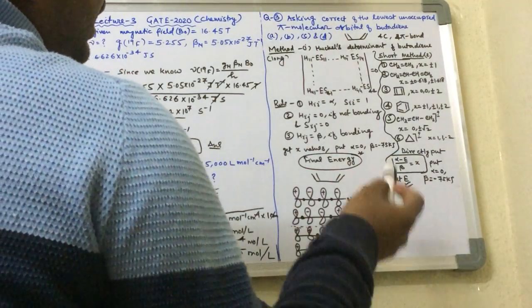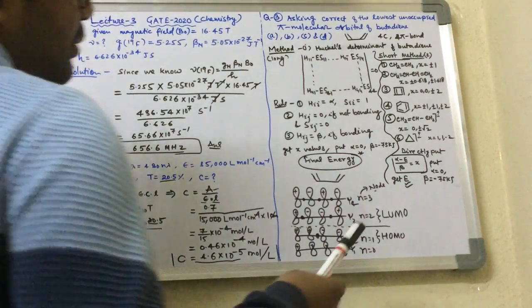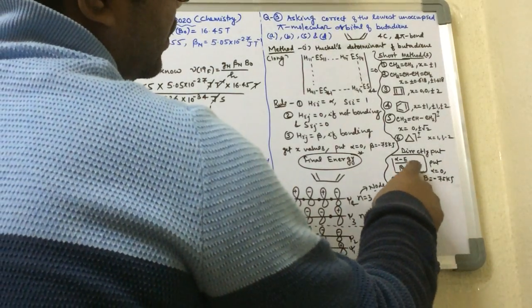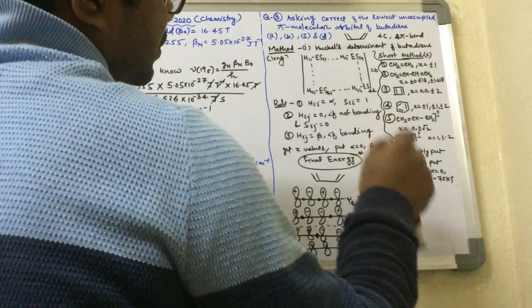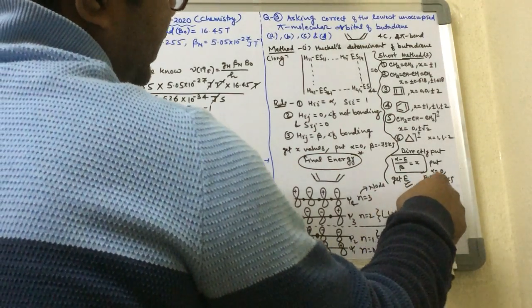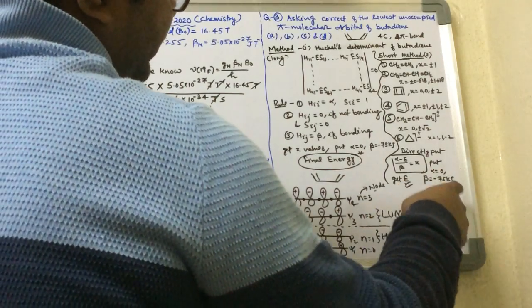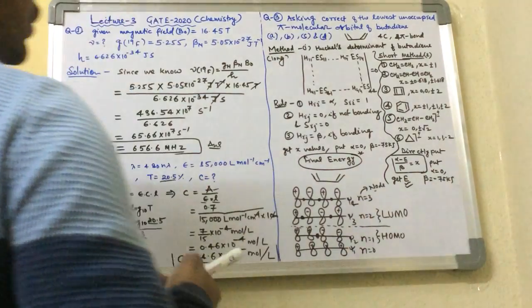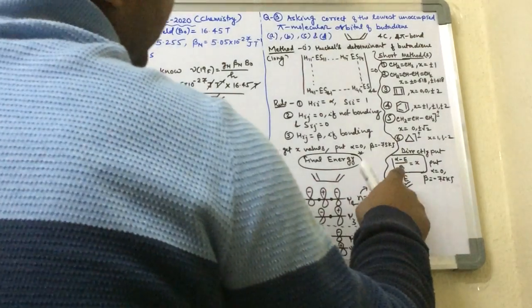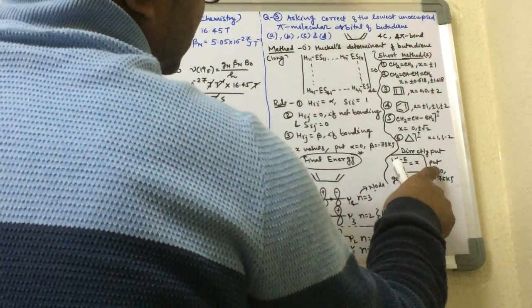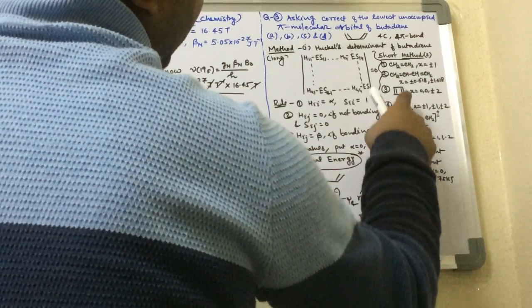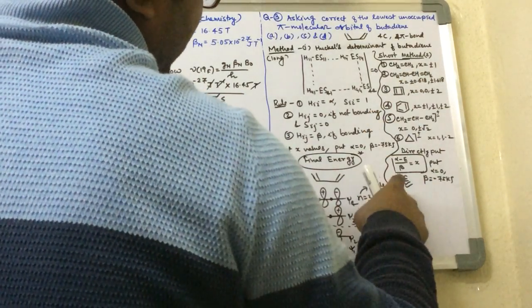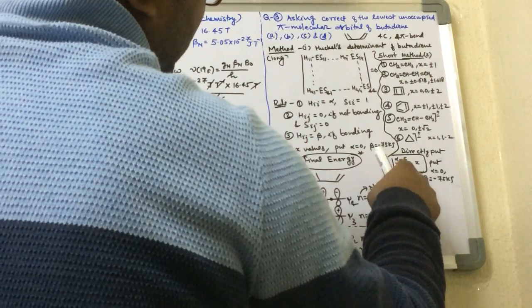Also remember, for this expression, the alpha value is 0 and the beta value is minus 75 kilojoules. After putting in all these values, alpha 0, beta minus 75, and you already know the x values for butadiene, you will easily get the E value.